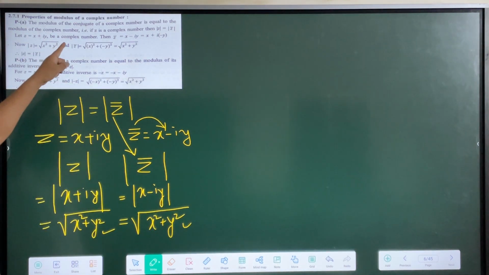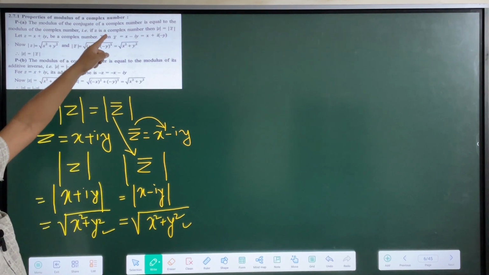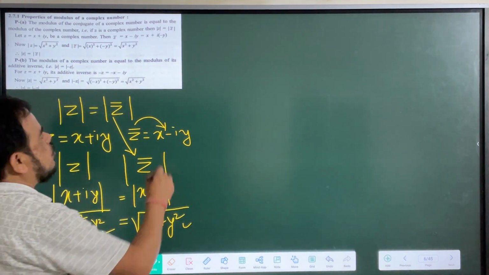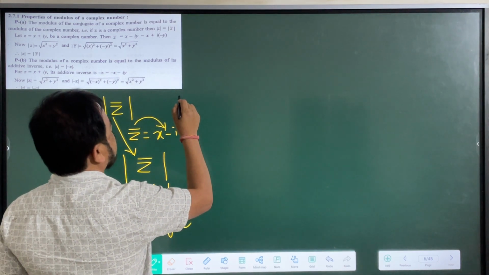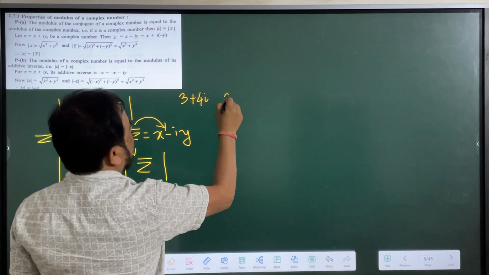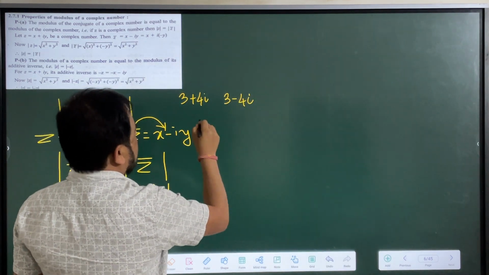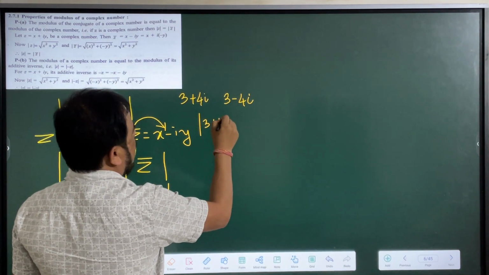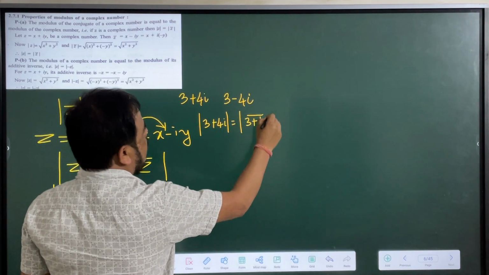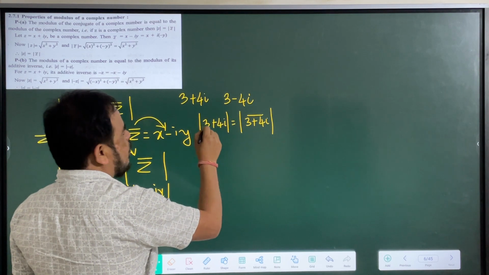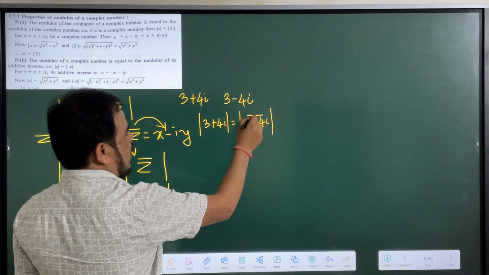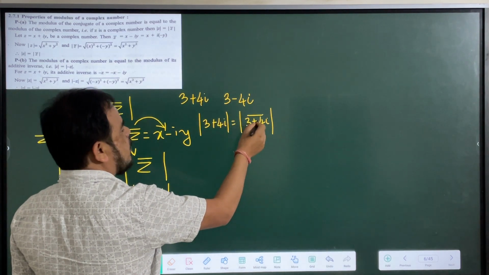Property number A: the modulus of the conjugate of a complex number is equal to the modulus of the complex number. Suppose 3 plus 4i. Its conjugate will be 3 minus 4i. So mod of 3 plus 4i is equal to mod of the conjugate of 3 plus 4i.